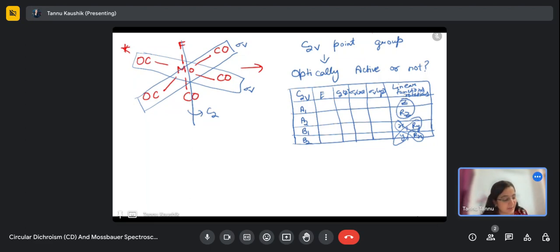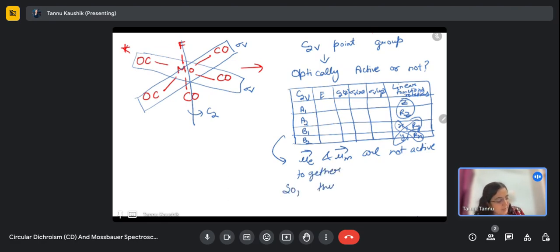So we can say that both mu E and mu M are not active together. So this molecule is optically inactive.